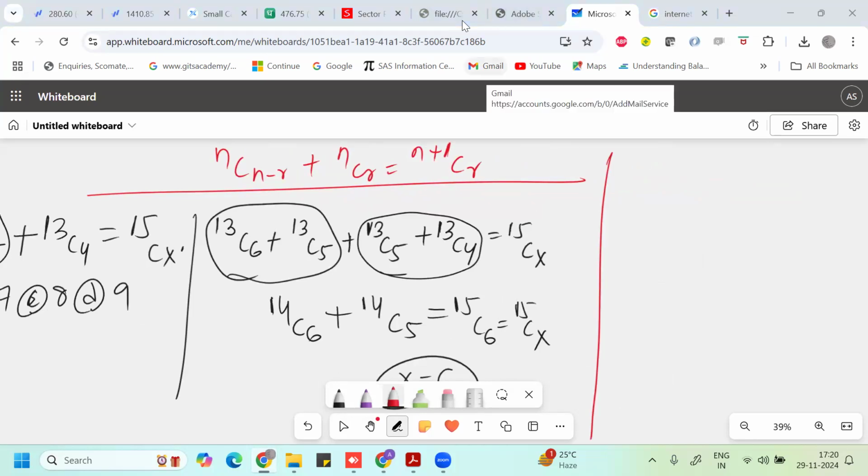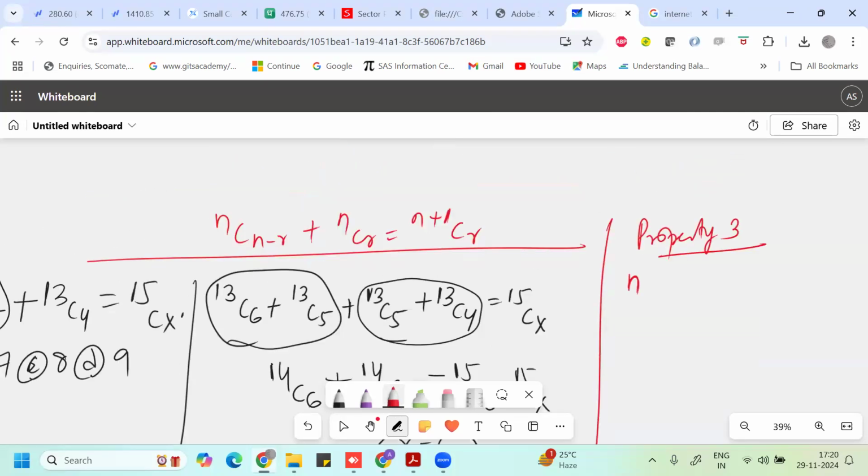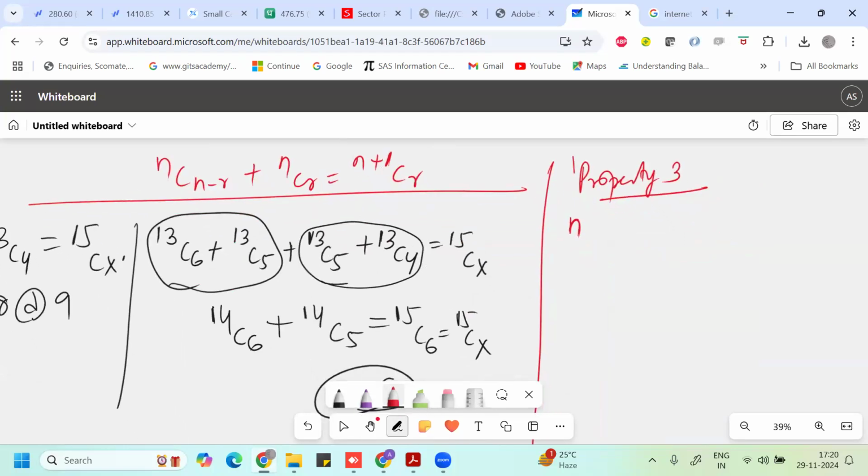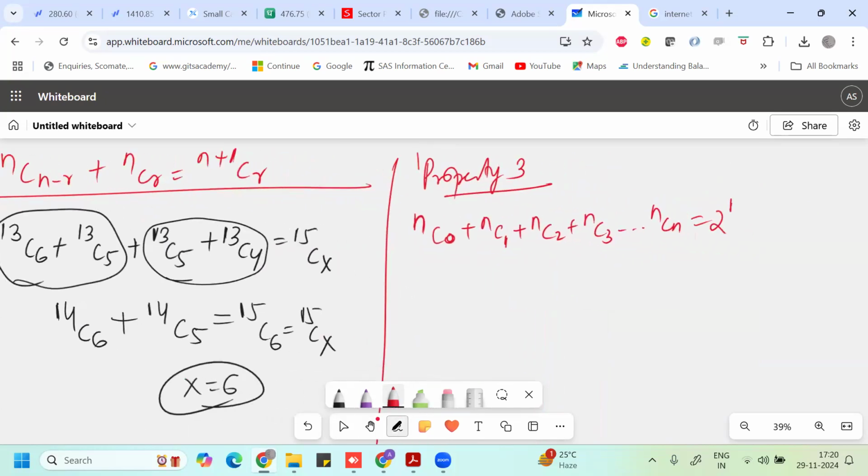So like this, remember the formula. Two properties I've told you. Now the third property: nC0 plus nC1 plus nC2 plus nC3 till nCn is equal to 2 to the power n. Remember this third property.